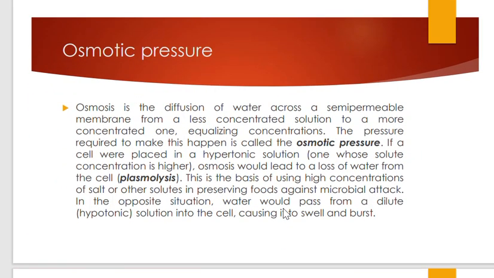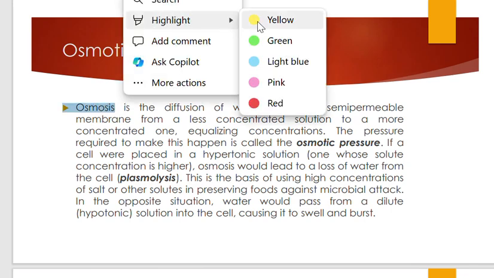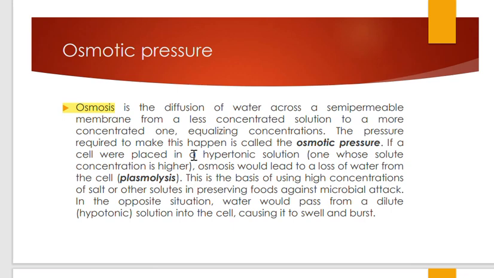So another factor which affects the growth of your microorganism is osmotic pressure. So osmosis is the diffusion of water across a semi-permeable membrane from a less concentrated solution to a more concentrated one.